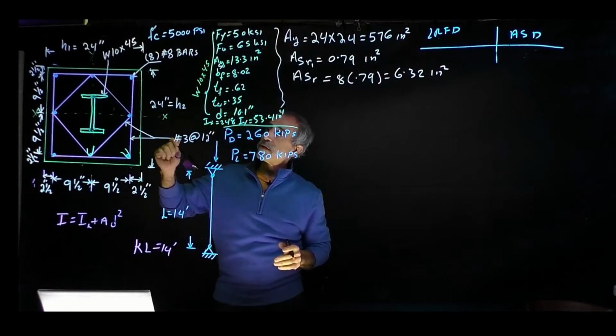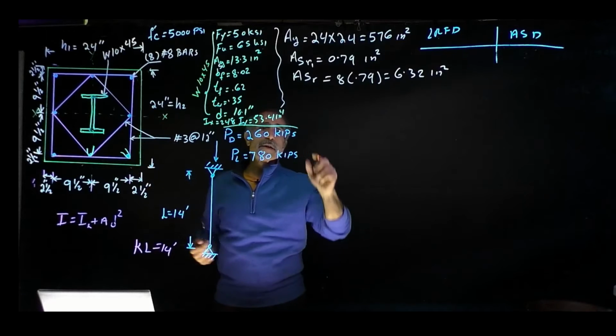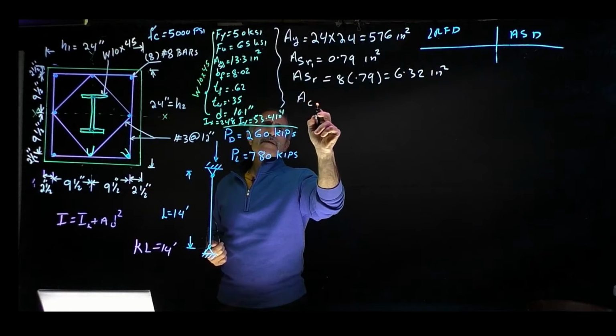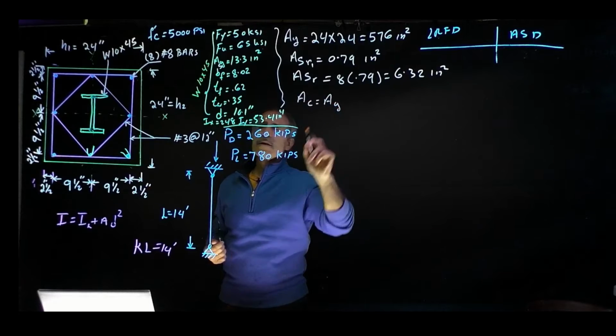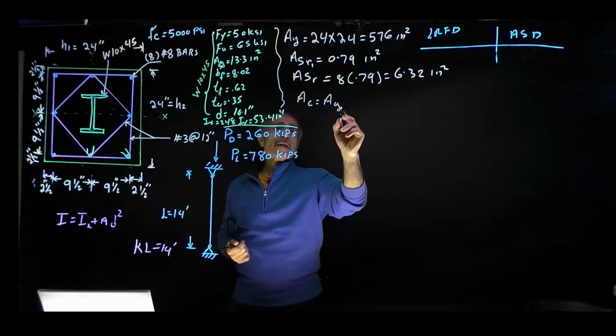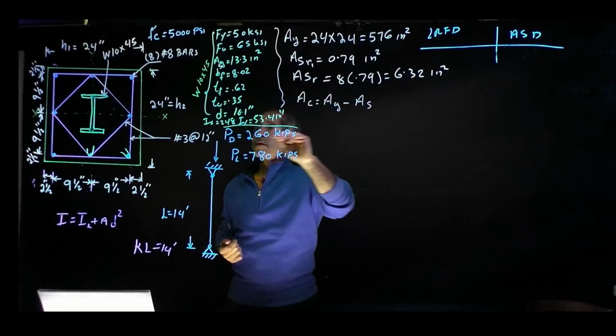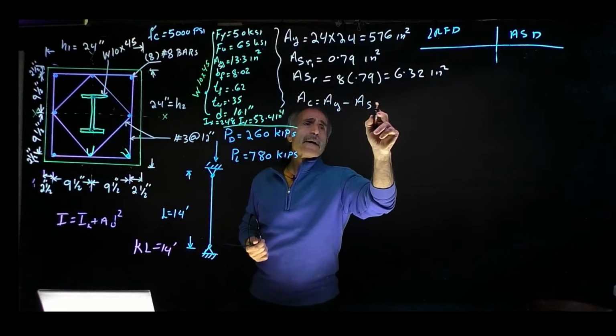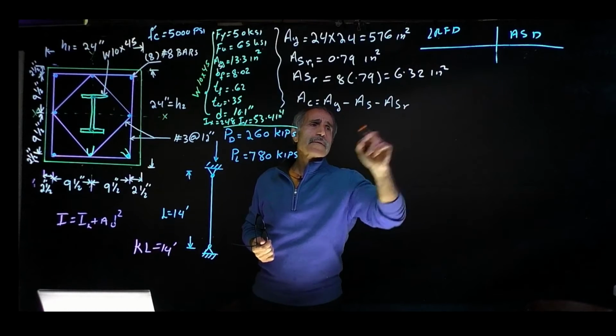The next thing we want to find out is the area of the concrete. The area of the concrete is basically the entire gross cross-sectional area, minus the area of the steel, which is the W shape, and minus the area of the rebar.